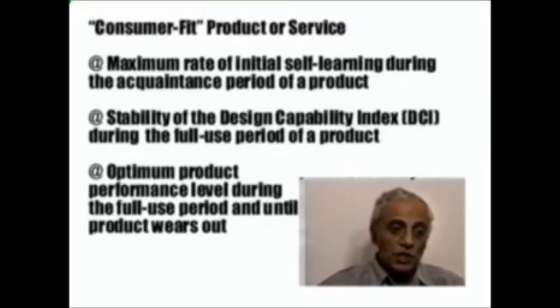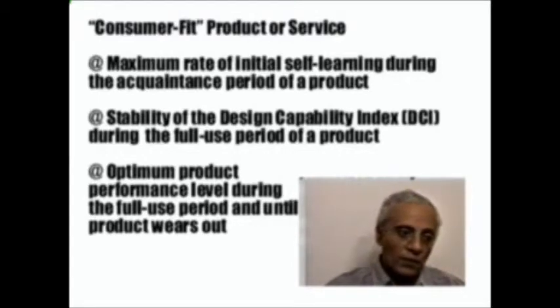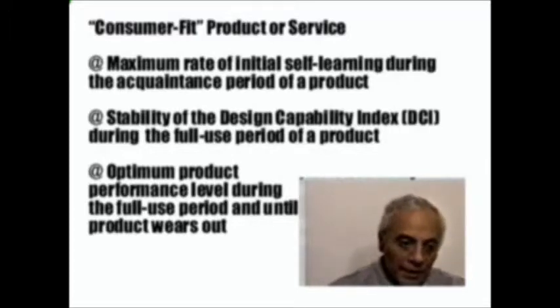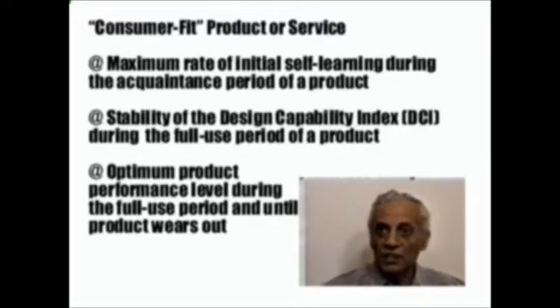The initial self-learning is a very critical feature, because if the product is easy to use, what I call dummy proof, meaning you don't need to read a lot of manual instructions, then the rate of initial self-learning will be high.